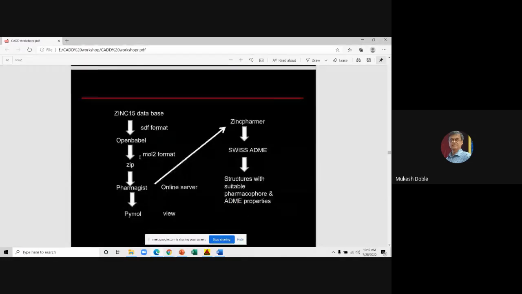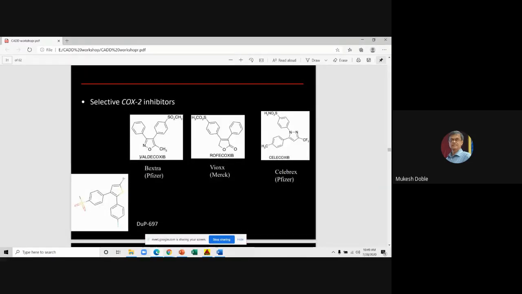We will look at one example using this. These are molecules called selective cyclooxygenase 2 inhibitors. Cyclooxygenase 2 is an enzyme, the COX-2 enzyme. It is found in the prostaglandin pathway of inflammation, so it is involved in inflammation.